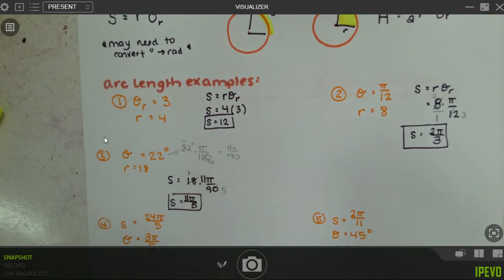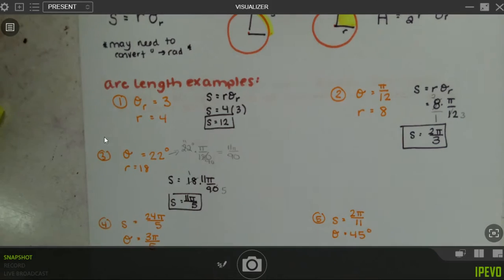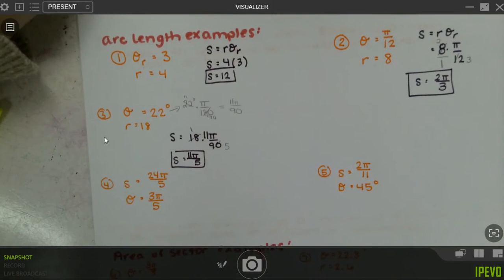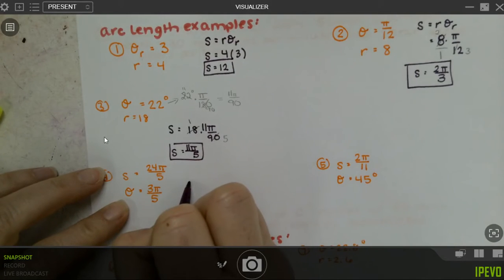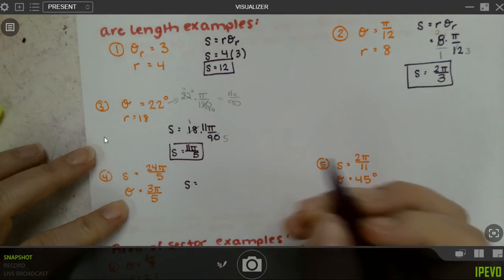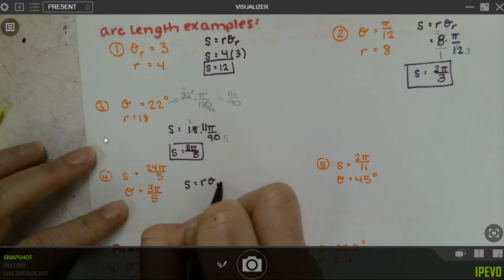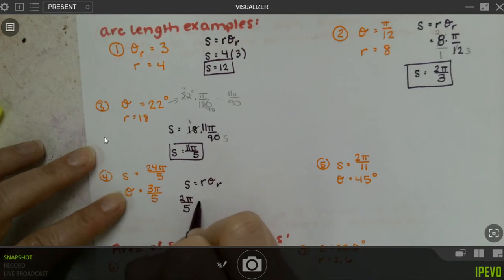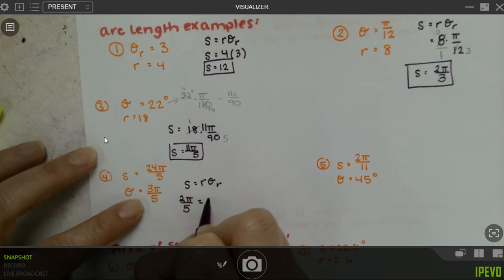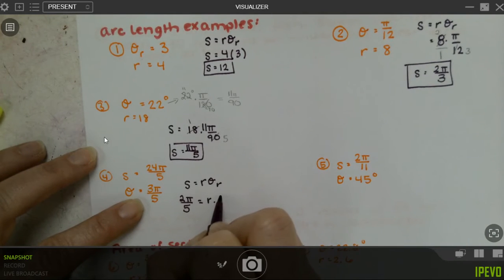So that's how you find the arc length if you're given the radius and the measure in radians. But like I said, sometimes we're going to want to find a different part. So for this one, we're actually missing the radius. So the question would have said, what's the radius? Same formula, except we know S, and we know the measure in radians.